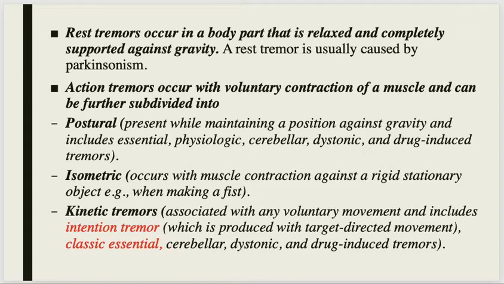Whenever there is any pathology with the basal ganglia, there is a misbalance in the indirect and direct pathway. To understand that, we must know the functionality of the basal ganglia.